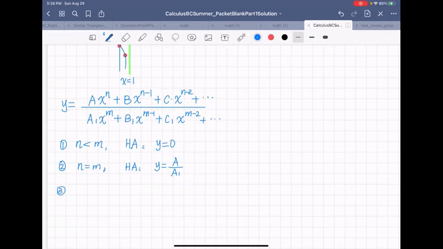Scenario 3, n is bigger than m. What do you say? You want to do long division, right? Correct? Remember the example I showed you just now.